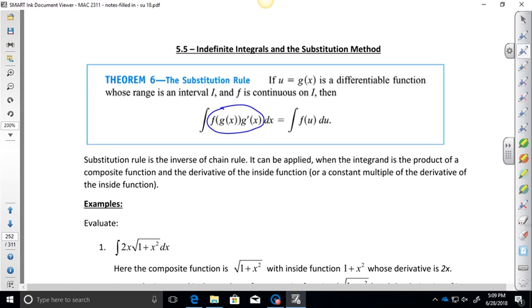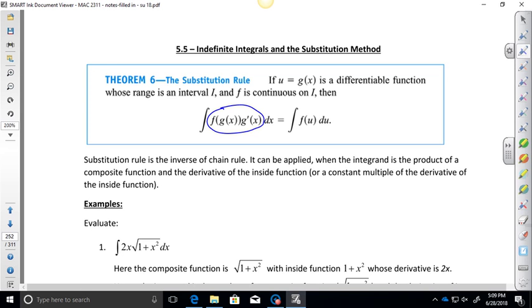What's the derivative of that? It would be 2x plus 5. So if instead of just 1 over x squared plus 5x plus 7, you have 2x plus 5 divided by x squared plus 5x plus 7, then you can use substitution.